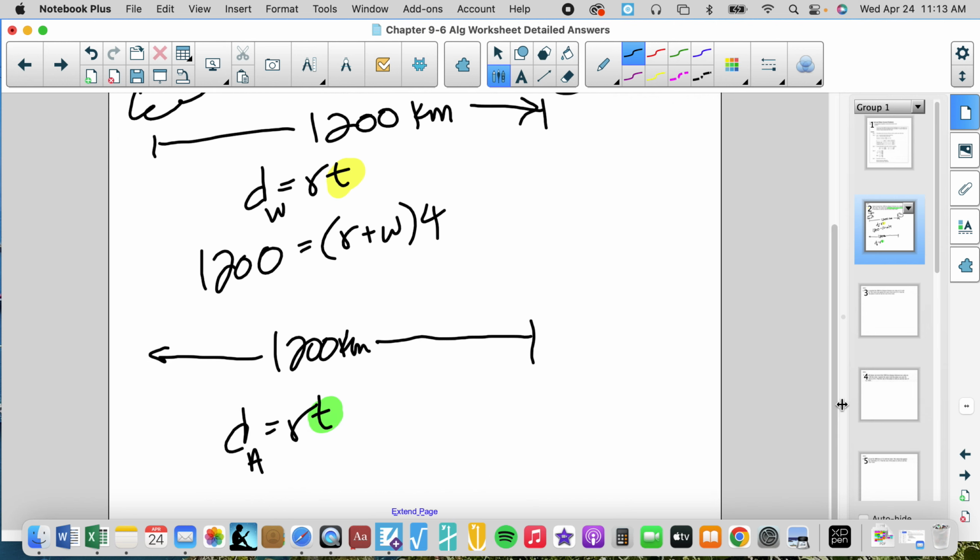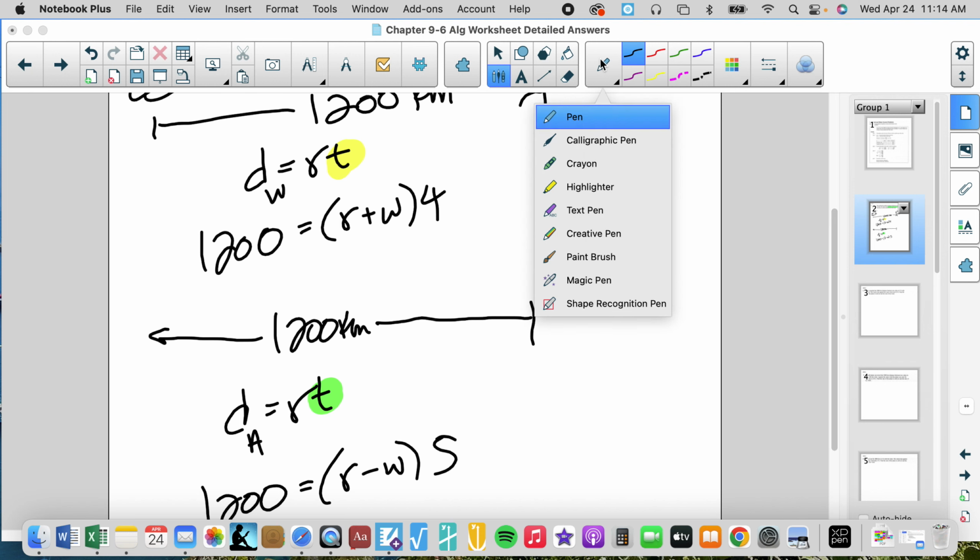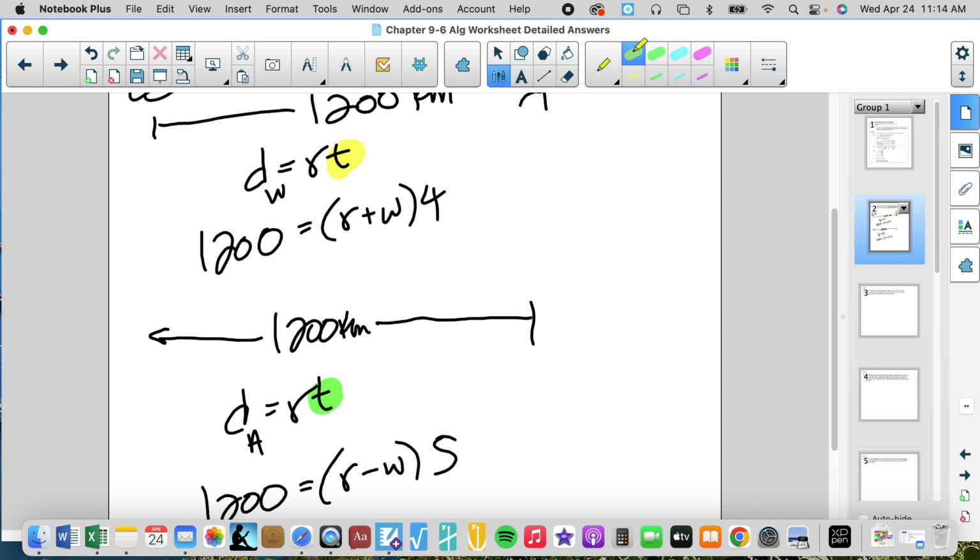And then on the return trip, our distance is still going to be 1,200, but this time our rate is going to be minus the wind, or the wind will take away our speed. When we go into it, we go slower, hence why we would subtract the wind. And then we know our time going back is 5 hours. Okay, we're good with that? So here's the cool thing: we see that this equation is equal to 1200.